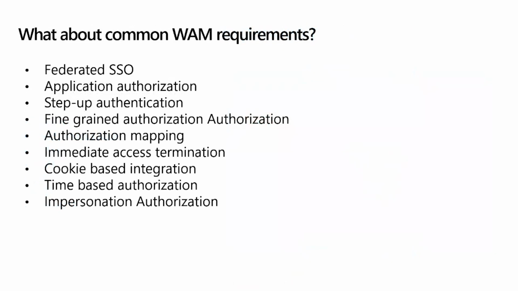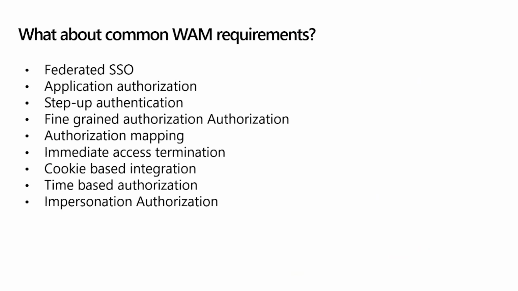Talking about requirements, we've created a white paper, and I will share the link later on during the session, looking at current WAM requirements and mapping them to our secure hybrid access story. So what we've seen working with customers and partners who did those types of implementations, we looked at, well, what are the common WAM requirements?